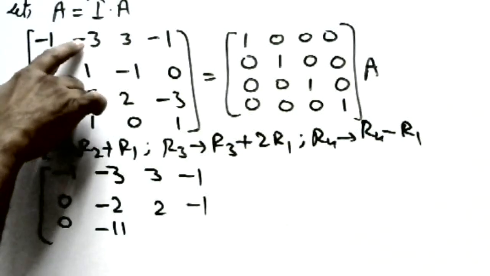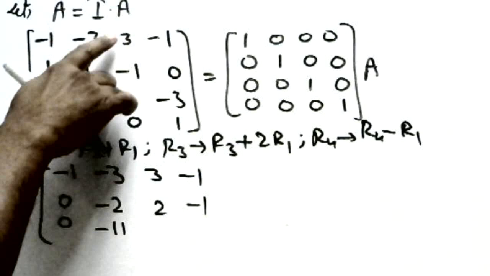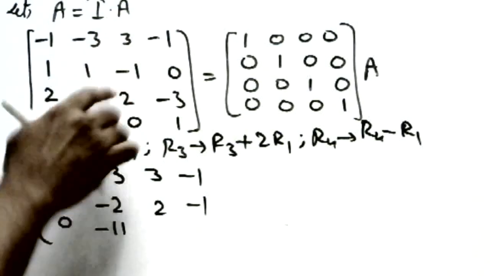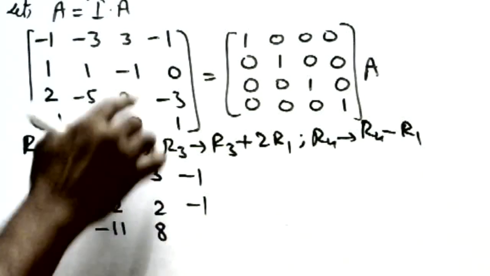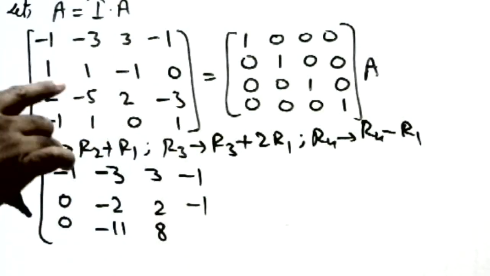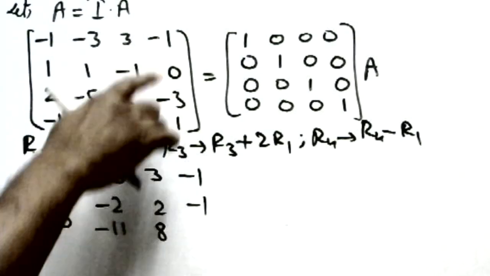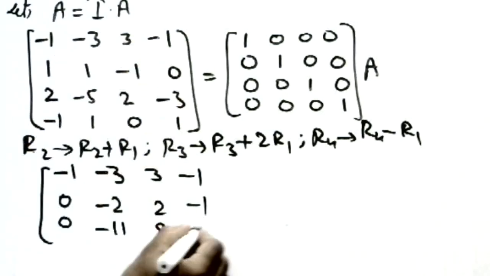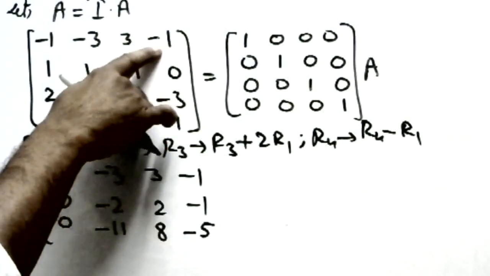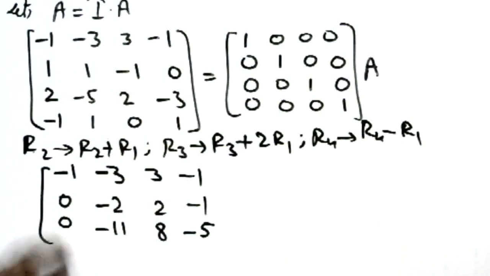Next, R3 is minus 3, plus into minus, minus 2. Minus 3 minus 2 will be minus 5. 2R1, 2 ones are 2, minus 2, minus 3, minus 5.